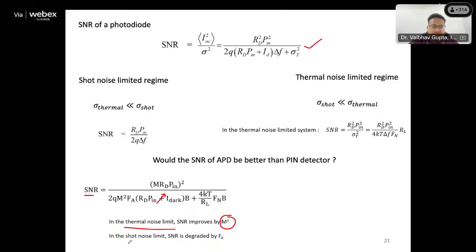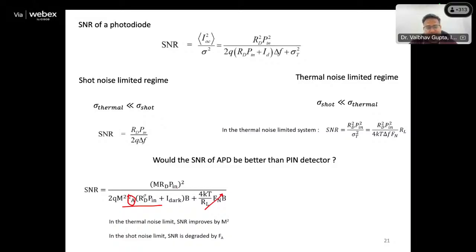In case of shot noise limited systems, you can discard this value, because thermal noise somehow you have managed, but shot noise is still there in the system. Now here, this m square gets cancelled with this m square. So in the shot noise limited case, the SNR is degraded by the value of FA. So there is an extra term in the denominator, and your total SNR will get degraded.